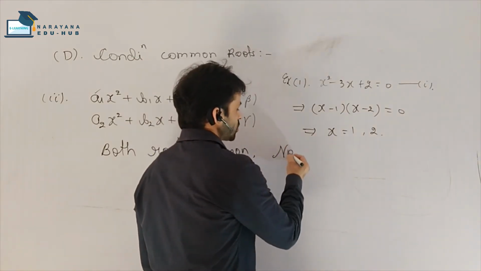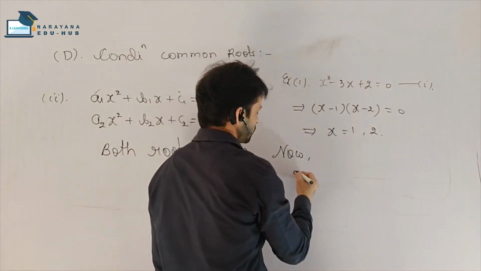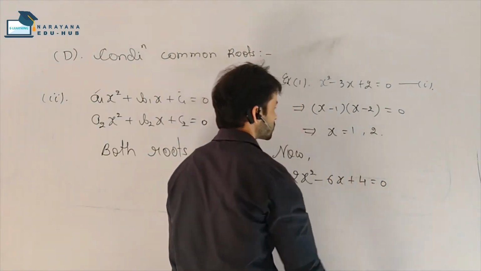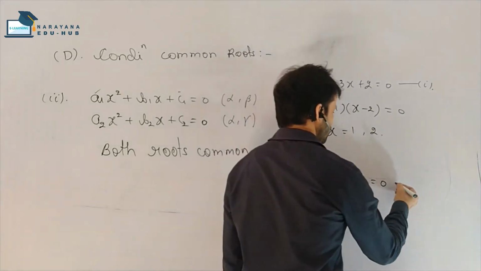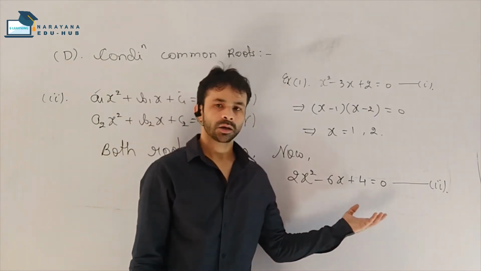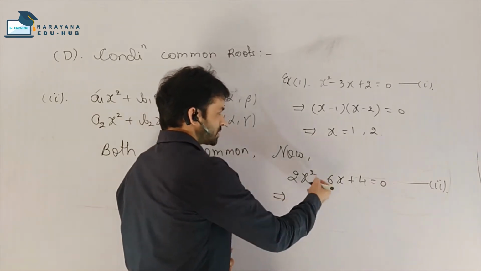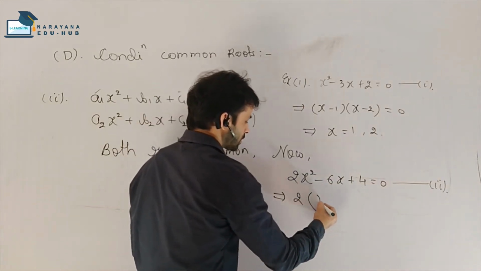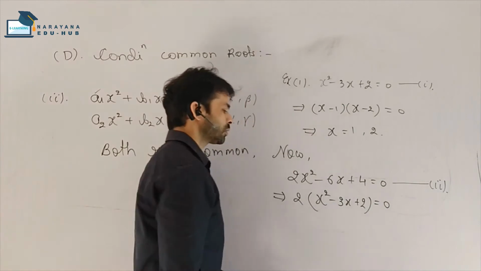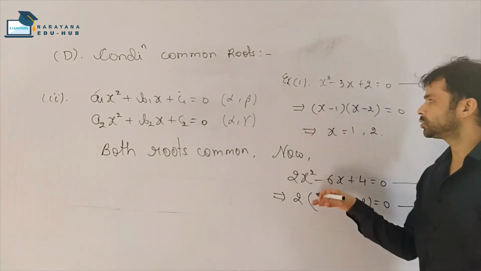Now let's say you have another equation, 2x square minus 6x plus 4 equal to 0. You have to find the roots of this equation. If we take 2 common, it becomes x square minus 3x plus 2 equal to 0. So this second equation is nothing new, it is the same equation.